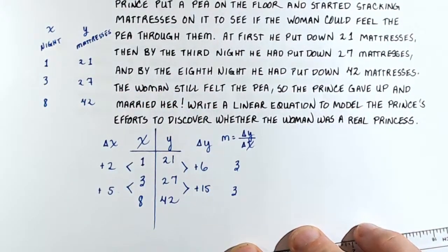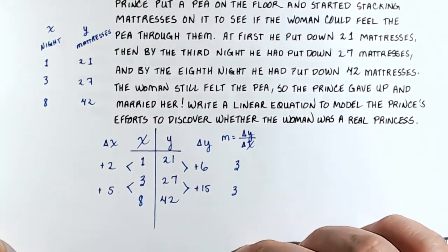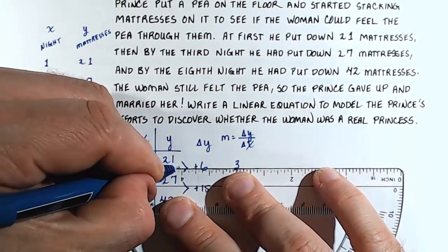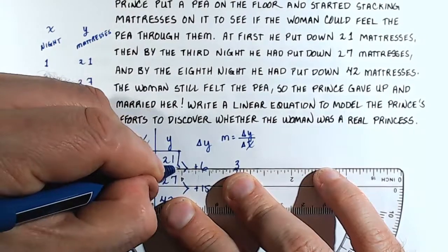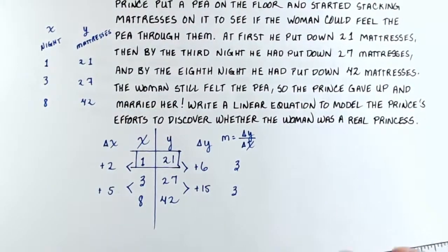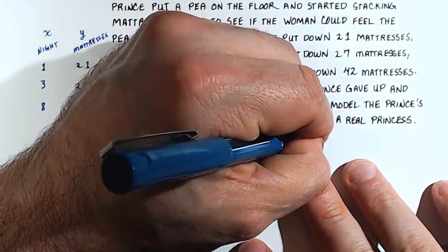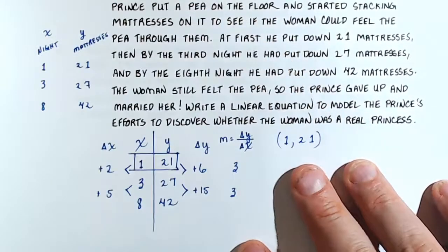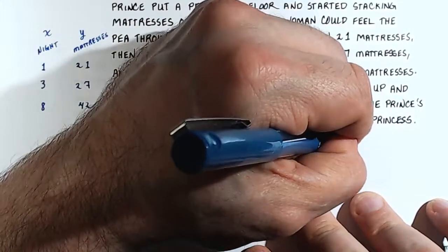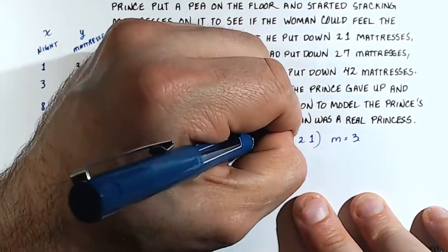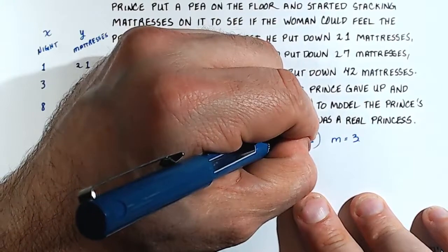Okay, so M is 3. Now we just need to choose a point. And, you know, this is the easiest point, 1, 21. And we'll have to work with these bigger numbers this time. So we have a point 1, 21. And we have M equals 3. Okay, so this is X1 and this is Y1.